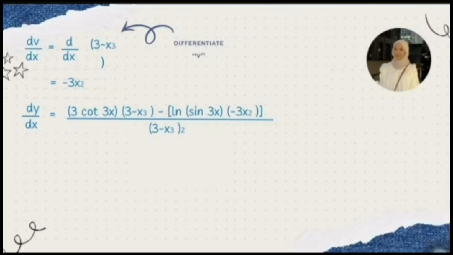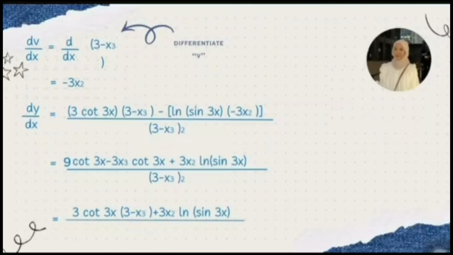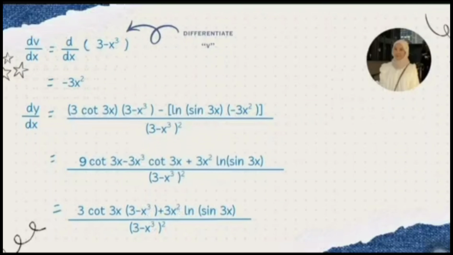Bear in mind, we don't expand denominators. This equals 9 cot 3x minus 3x cubed cot 3x plus 3x squared ln sine 3x over 3 minus x cubed squared. The final answer would be 3 cot 3x times 3 minus x cubed plus 3x squared ln sine 3x over 3 minus x cubed squared.